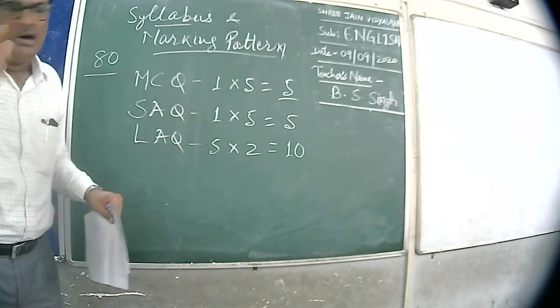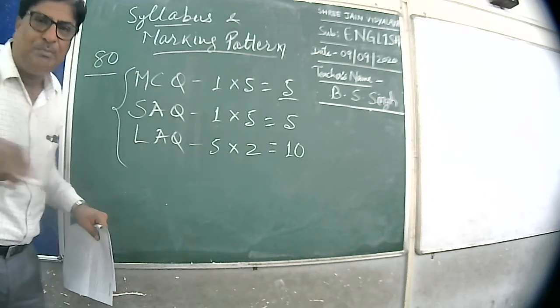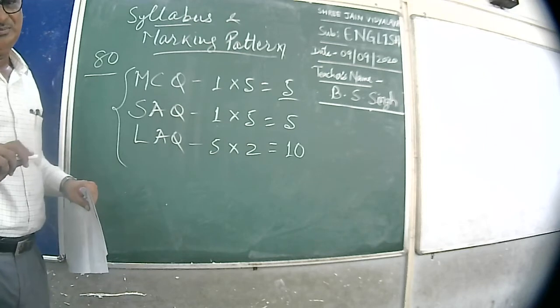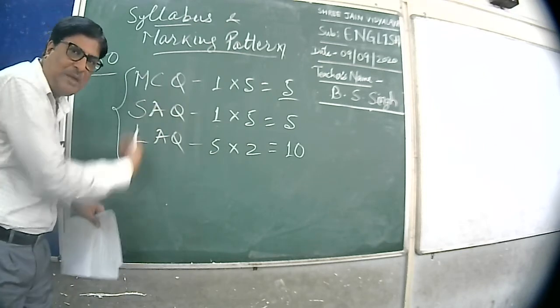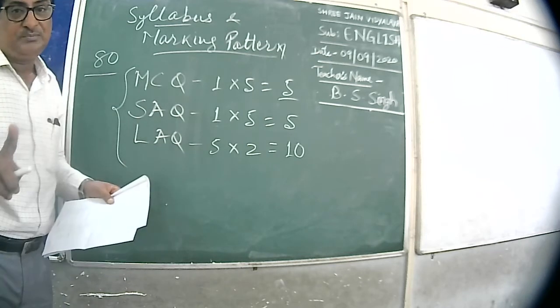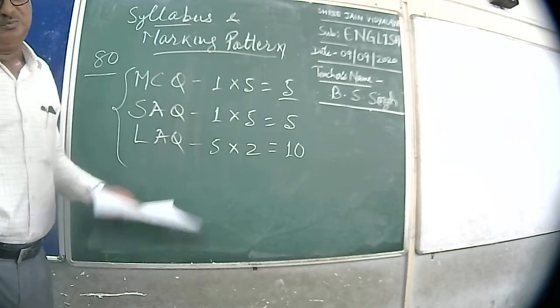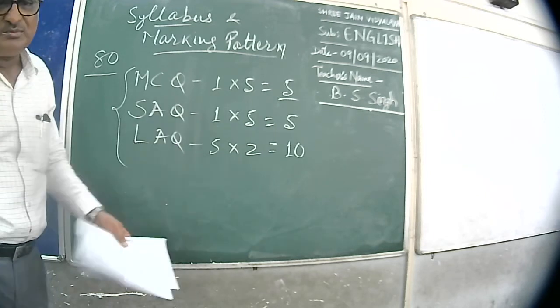Here, I want to tell you that same pattern is repeated in the poetry section also. So this is the question pattern. This is the marking pattern in both prose and poetry sections. 5 prose pieces are there, 5 poems are there.